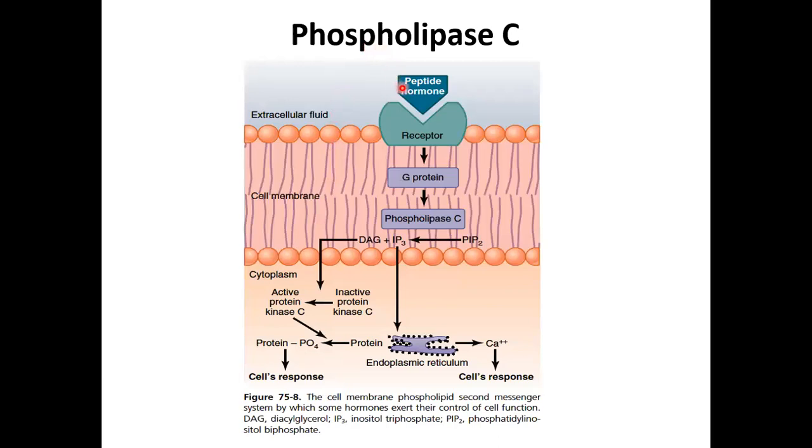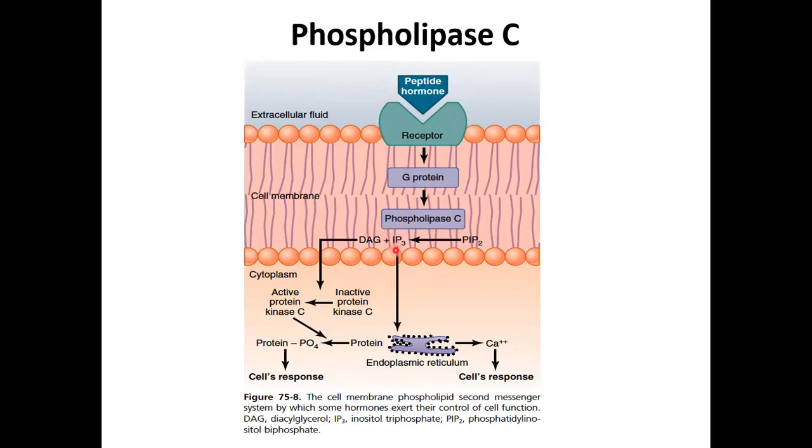Okay, next another example for a second messenger is phospholipase C. So let us take an example of a peptide hormone here. The peptide hormone binds to its receptor. It is again a G protein linked receptor. Now the inactive GDP and alpha subunit forms GTP and alpha subunit. This activates phospholipase C. The phospholipase C is going to convert the phosphatidylinositol into inositol triphosphate and diacylglycerol.